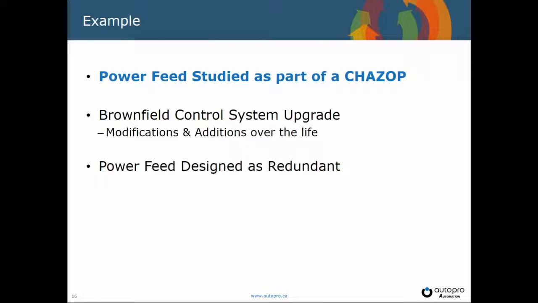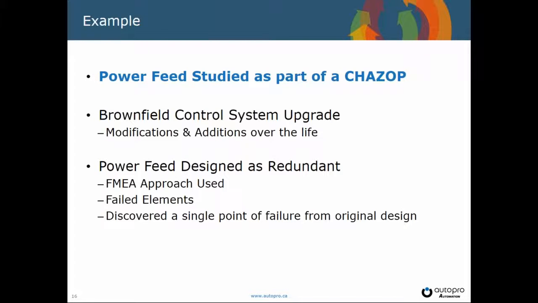And so through one of the upgrades, where we thought we were having a power feed designed as redundant, and we thought was installed as redundant, we used an FMEA approach to identify the different components of that and failed each element. And through that, we discovered that there was a single point of failure from the original design. So we hadn't had an incident, or the plant hadn't had an incident to date, but the potential was there.